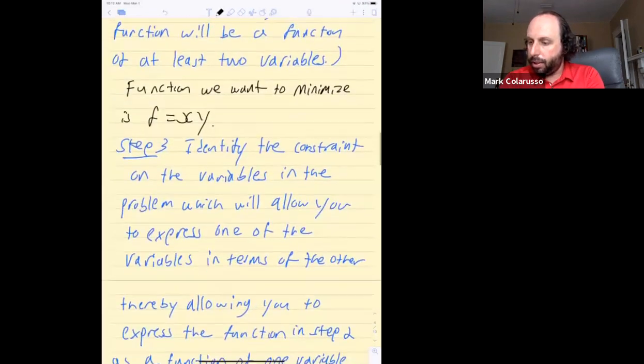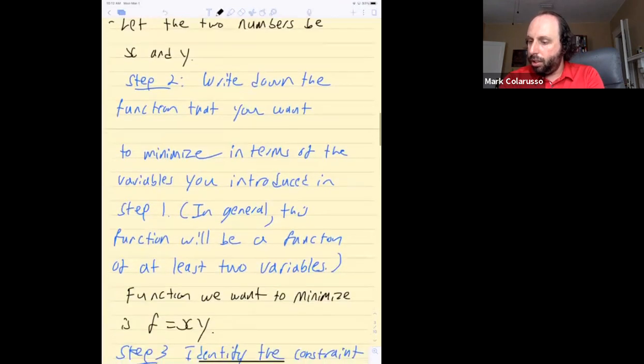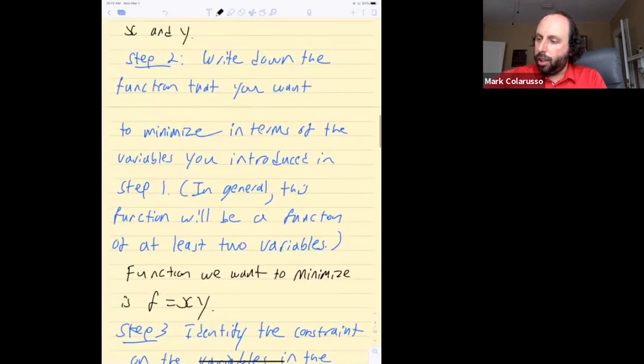In step 2, where we had to write down the function that we wanted to minimize, it was just the product of the two numbers x and y, and that didn't involve any geometry.